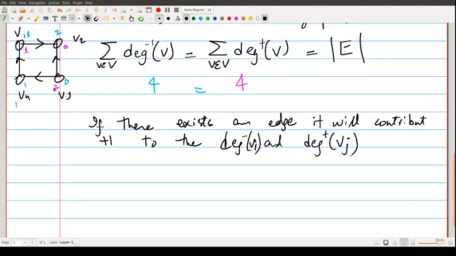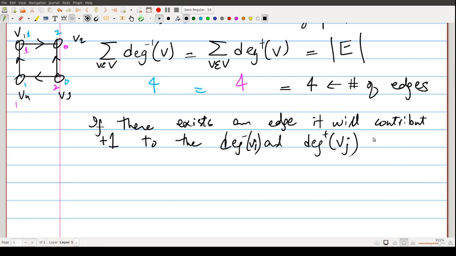So each edge will contribute once to the in degrees and once to the out degrees, which means the total number of edges is the same as the total number of out degrees and the total number of in degrees. Any confusion? Is that clear?